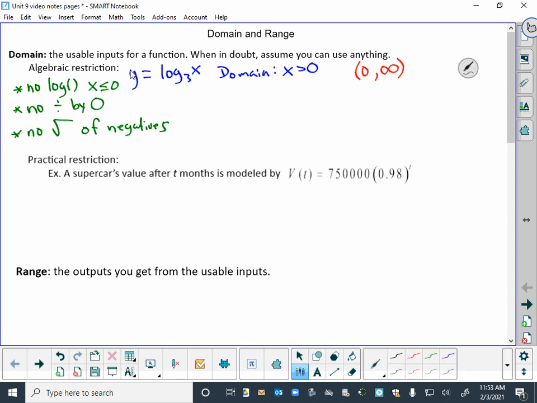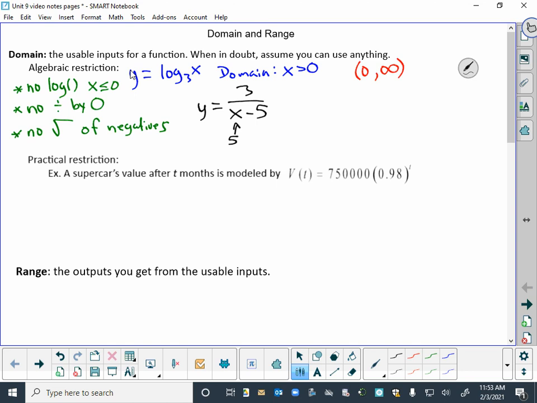So we said we're going to do another example. If I looked at the function y equals 3 over x minus 5, well, the fraction bar in there indicates that division is a part of this, and if I were to put a 5 in for that x, then I would get 3 over 5 minus 5, that'd be 3 divided by 0, so I'm not allowed to use that.